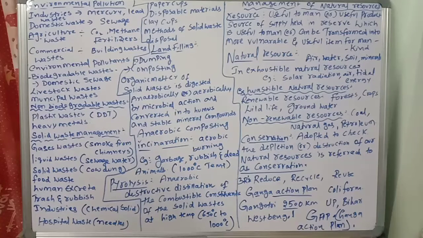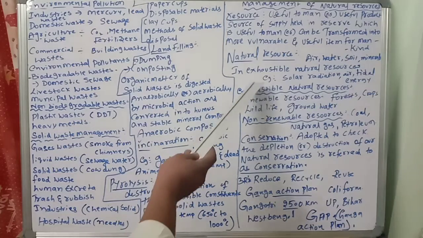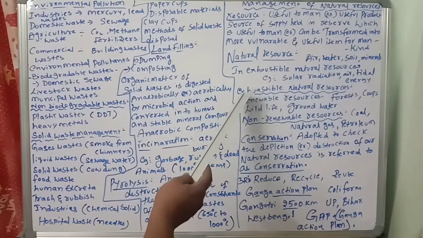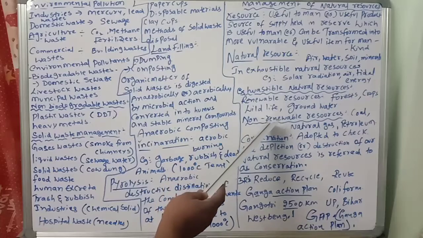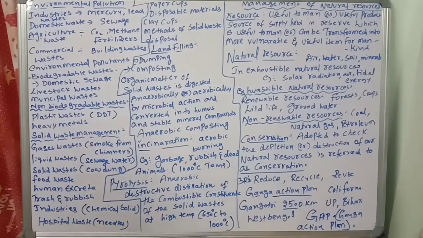Okay. So natural resources are grouped into two major categories: exhaustible natural resources and non-renewable natural resources.